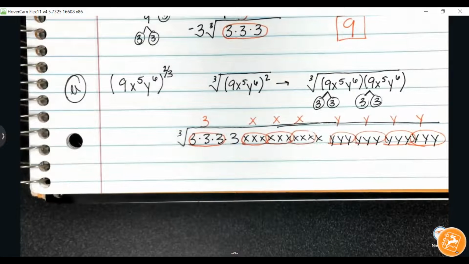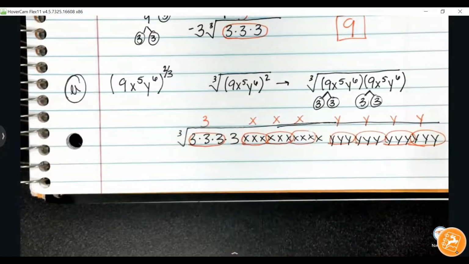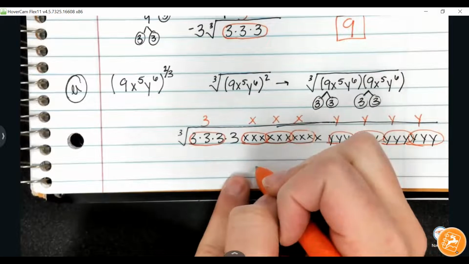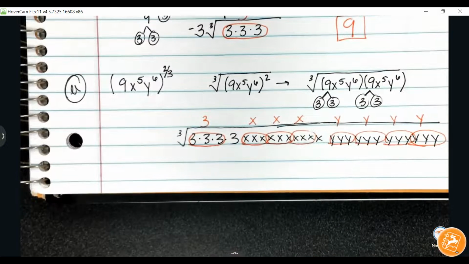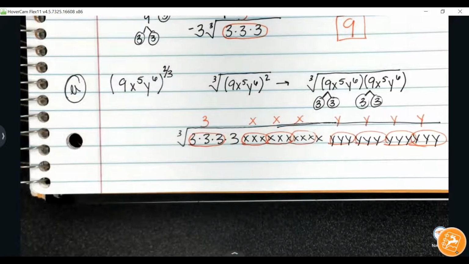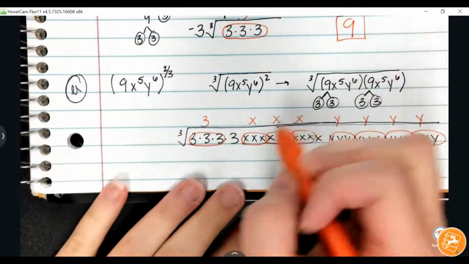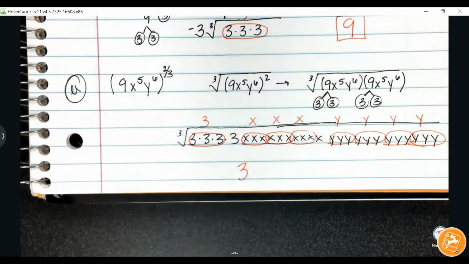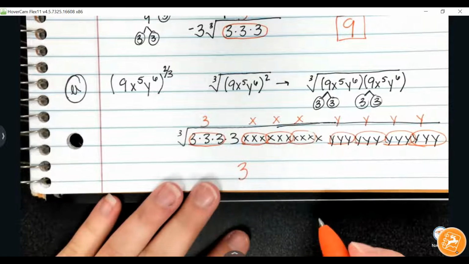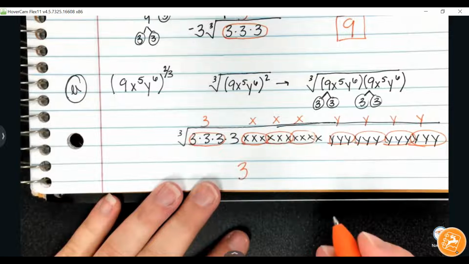Okay. Now, what am I going to do to everything on the outside? Multiply. What's my only number outside? What? Where are we getting 9 from? 3 is the only number outside, right? That's why you got to write your index teeny tiny. So 3 is outside. How many x's are outside? So how do I write that? X cubed.